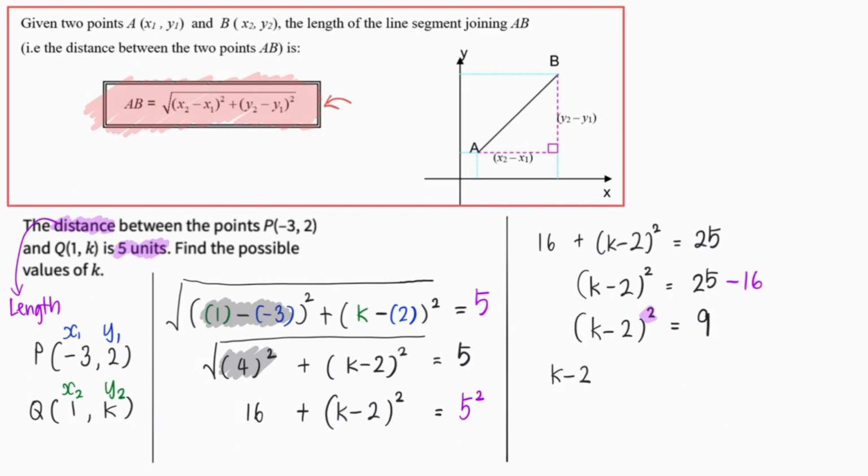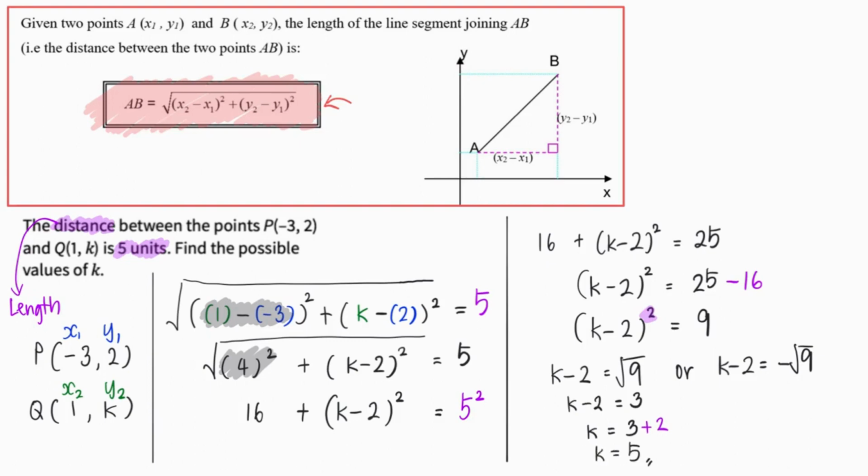When I do that, my k minus 2 will be equal to either a positive square root 9 or a negative square root 9. And square root 9 is 3. So for the final answer, I will have 3 plus 2 here because I add 2 on both sides.